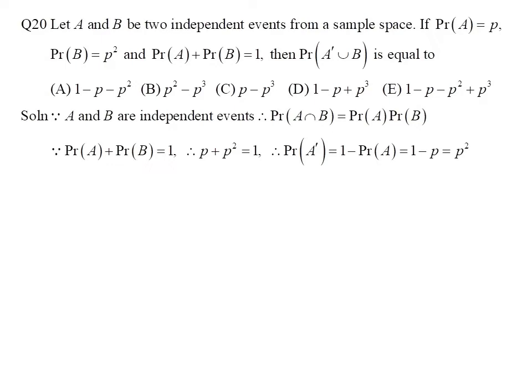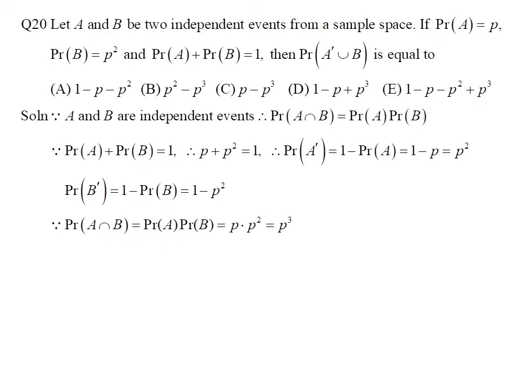Hence, the probability of not A equals 1 minus the probability of A, which equals 1 minus p, which equals p squared. In the meantime, the probability of not B equals 1 minus the probability of B, which equals 1 minus p squared.